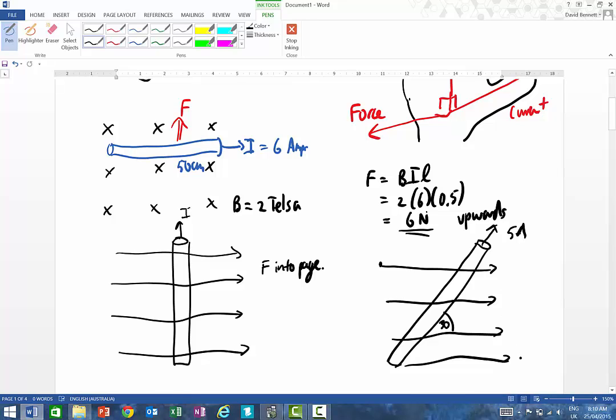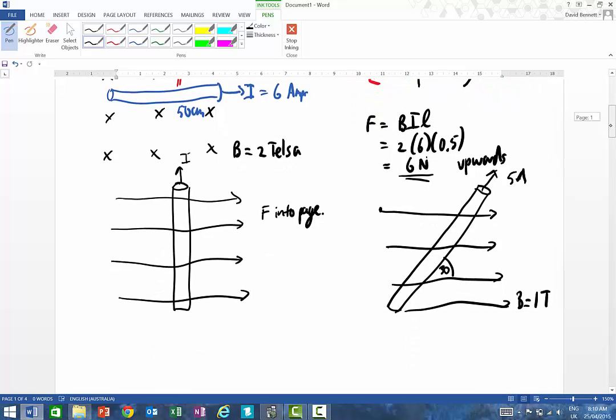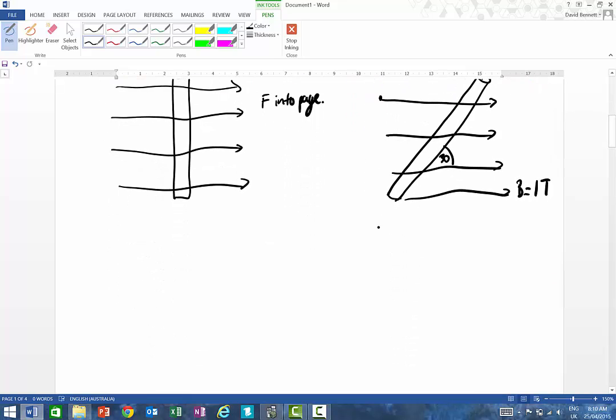And the magnetic field strength over here, B, is equal to 1 Tesla. And what else do we need to know? The length of the wire. Well, we don't need to know the length of the wire, but what we can say is the force per unit length is equal to BI sine theta.